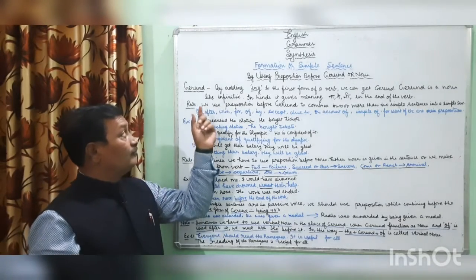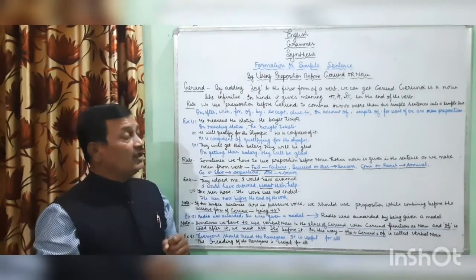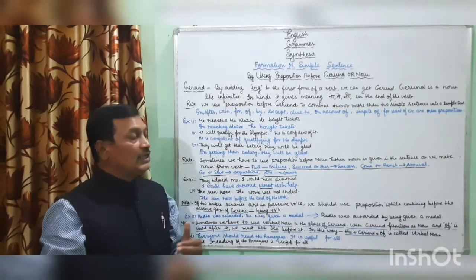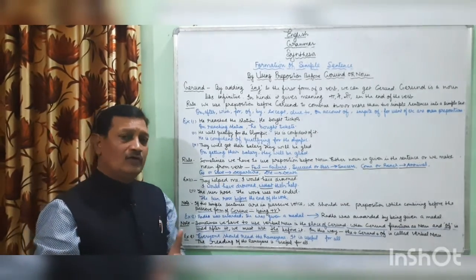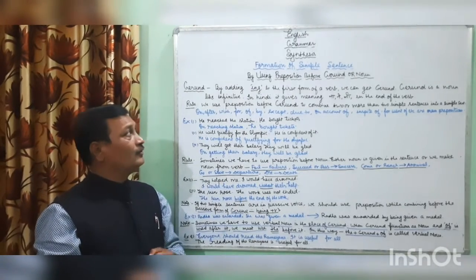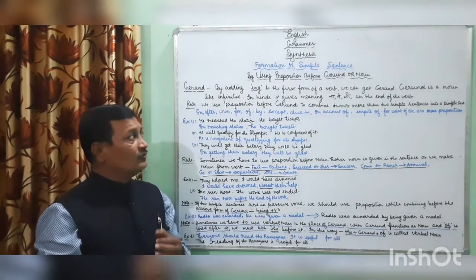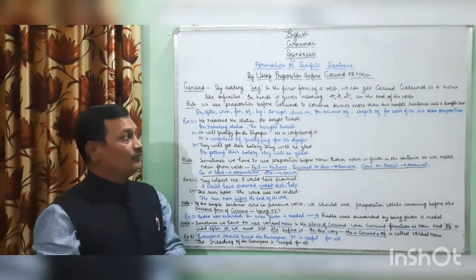Students, let's know what is gerund. By adding ing to the first form of the verb, we can get gerund. Gerund is a noun like infinitive. In Hindi, it gives meaning na, ne, ni at the end of the verb.